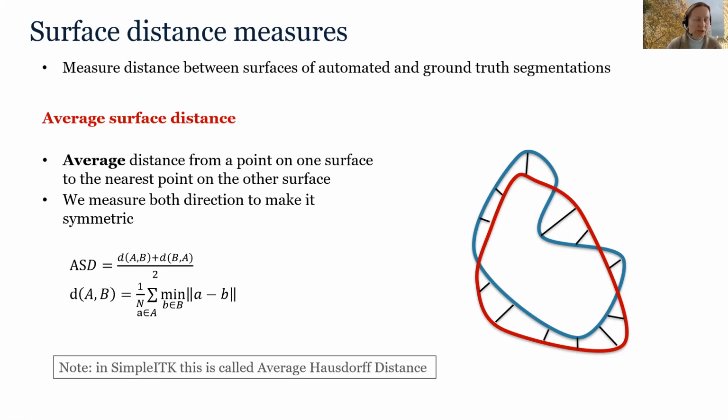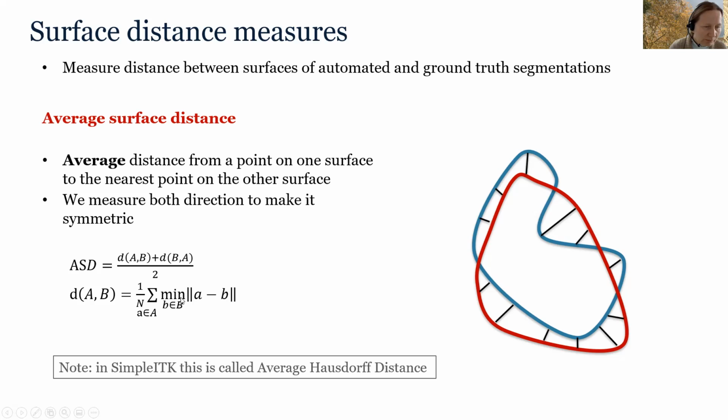We might also be interested to take the average instead of the maximum, and then we talk about average surface distance. So again, the algorithm is the same. Here we first find, for each point on the first curve A, the point on B that is the closest, and then we take the distance of these 2 points.